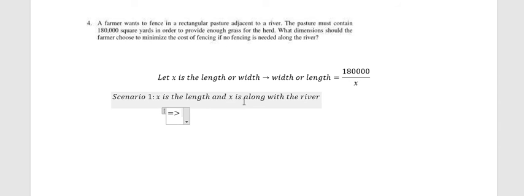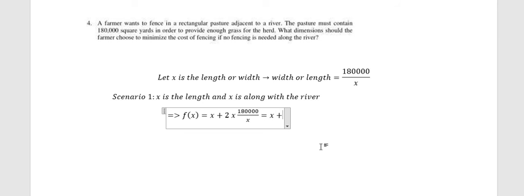Because S is along the river, we have just one side of the length and two sides of the width, and the function is S plus 2 multiplied by 180,000 divided by S, which gives S plus 360,000 over S.